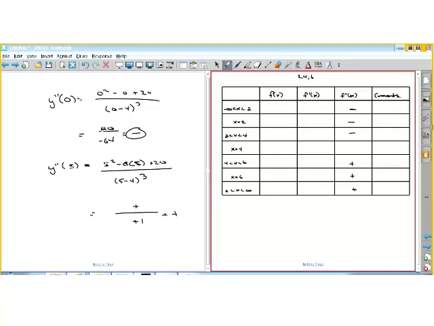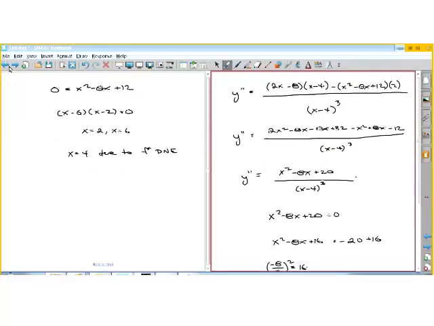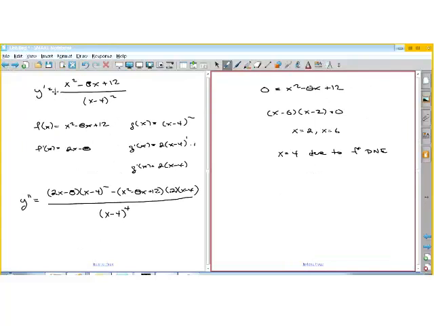We know the first derivative is 0 here, and we know the first derivative is 0 there, and at 4 it's undefined. Now we just need to figure out what it is at these values. So let's go back to the first derivative, which is that equation. So I'm going to copy that.